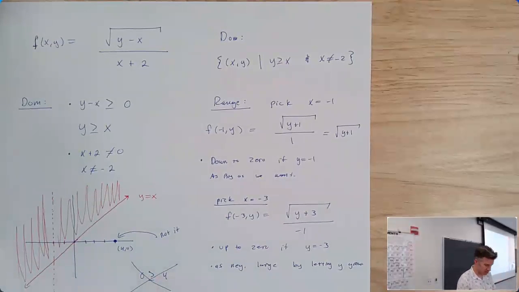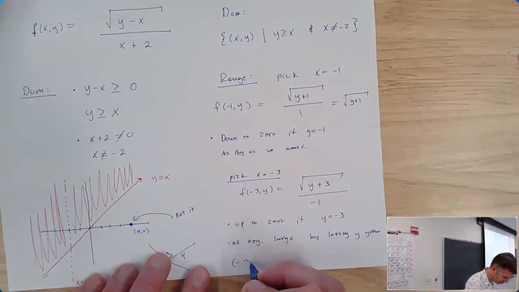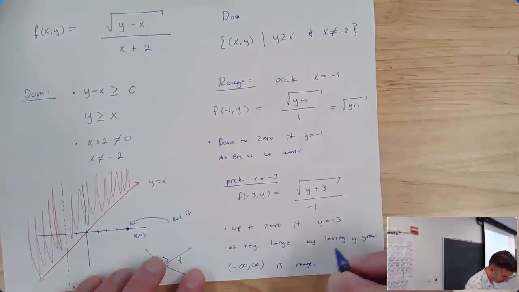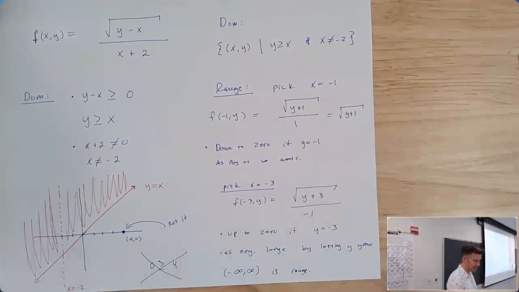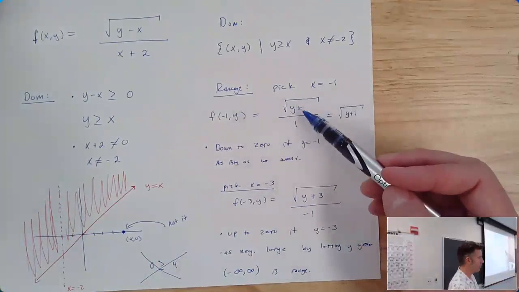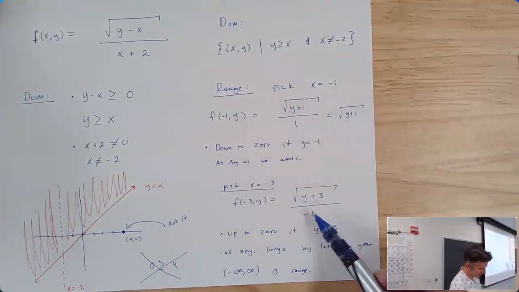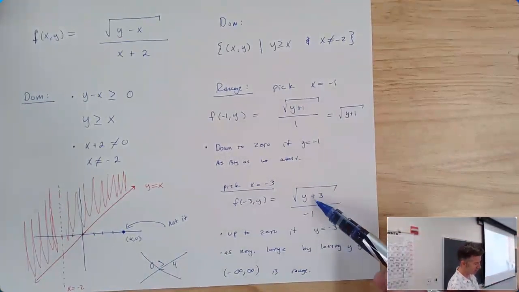So usually it ends up being that you get everything. That's our range. I can get every positive value by letting x equal -1 and y going from -1 to infinity. I can get every negative value by letting x equal -3 and letting y go from negative. Totally works.